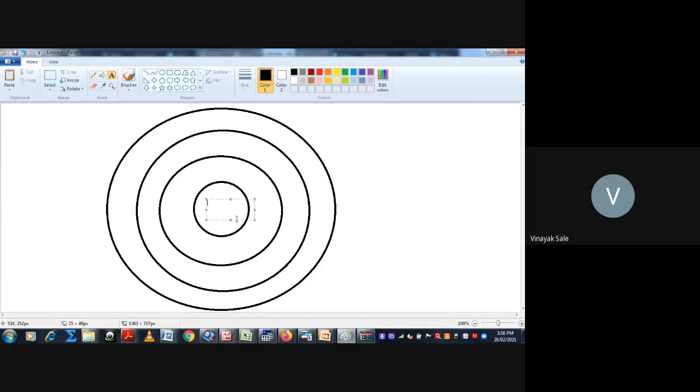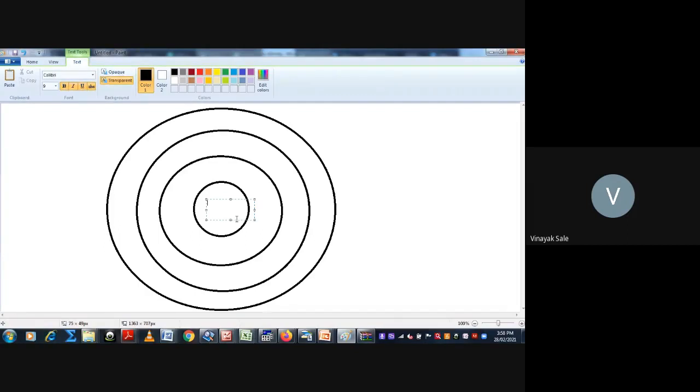In the core part, you have hardware. Here is the hardware part.